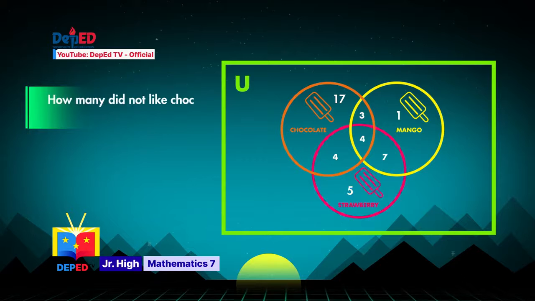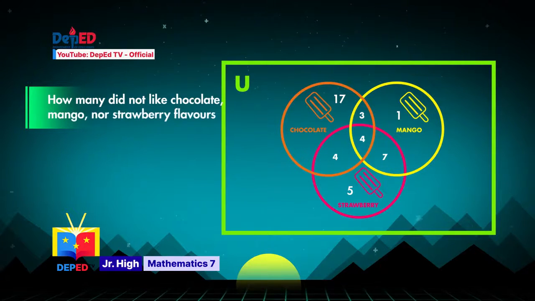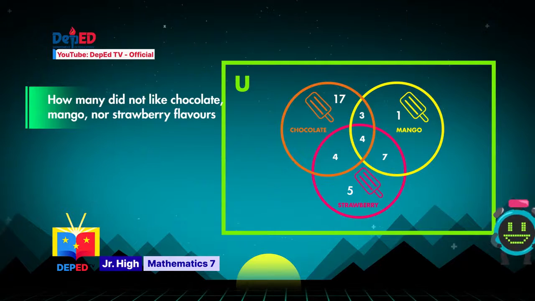And for the second question, we go back to our Venn diagram. In letter B, we need to find the number of people who answer none of the above in the survey. These are those who do not like chocolate, mango, or strawberry. How did we represent this shaded region?